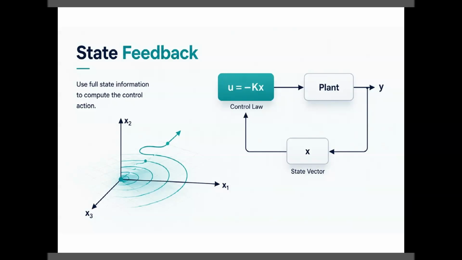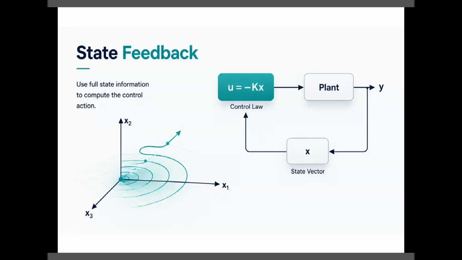Consider a drone, a robot arm, or an autonomous vehicle. Knowing only the output doesn't tell us everything about what's happening internally. You may also need information such as position, velocity, acceleration, or other internal variables that describe the system's behavior. These variables are collectively called the state of the system.